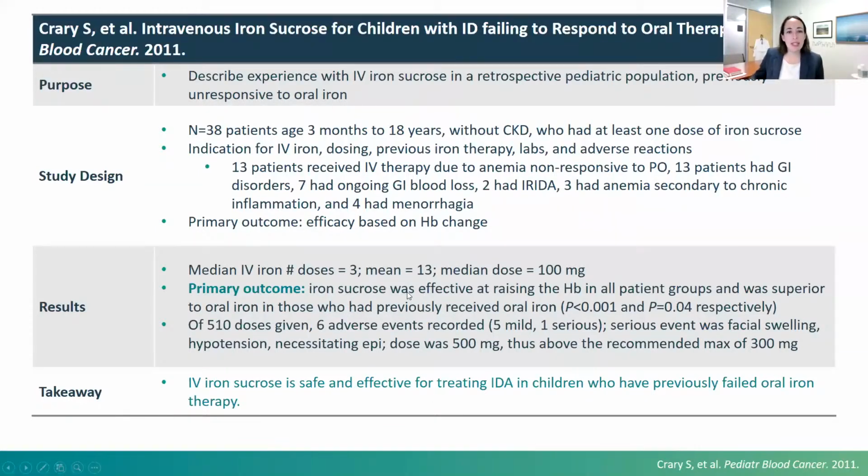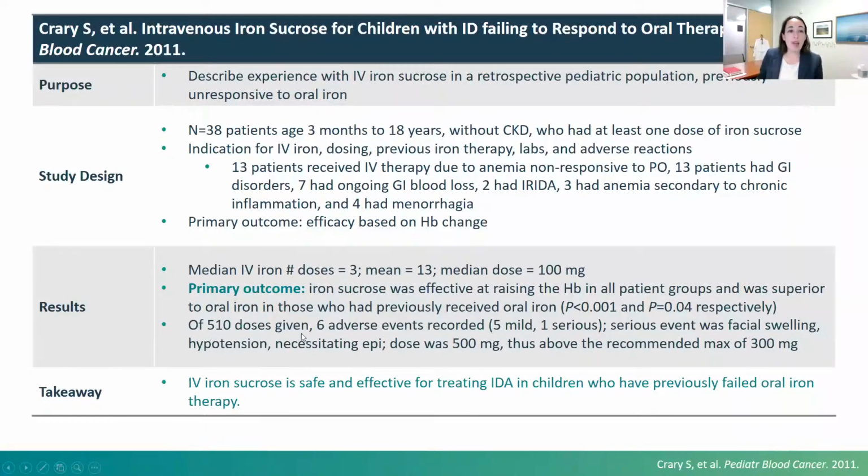In these patients, they received a typical dose of 100 milligrams. You can give up to 300 milligrams in the older patients. It was effective at raising the hemoglobin in most patients. However, most of them needed at least 3 doses. And in your adolescent patients, sometimes you need up to 5 to 6 doses to give a fully replenished treatment course of IV iron therapy.